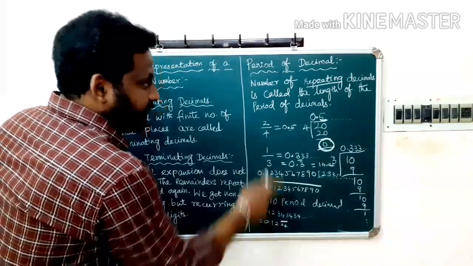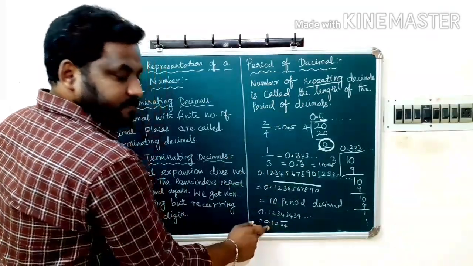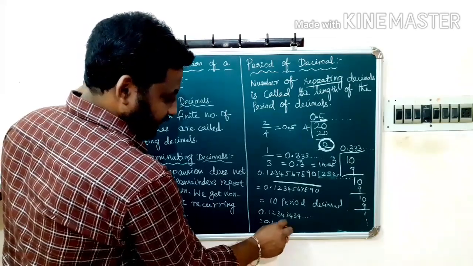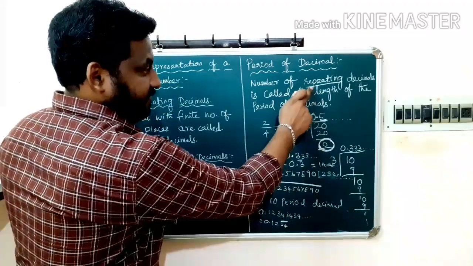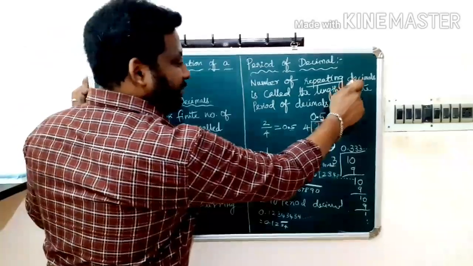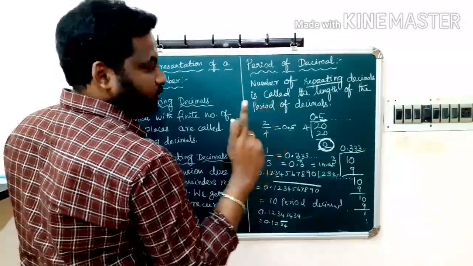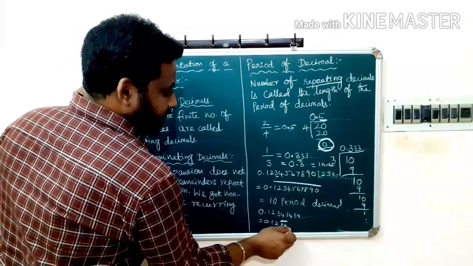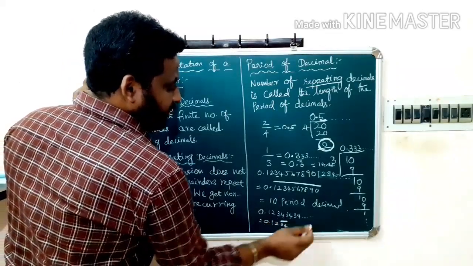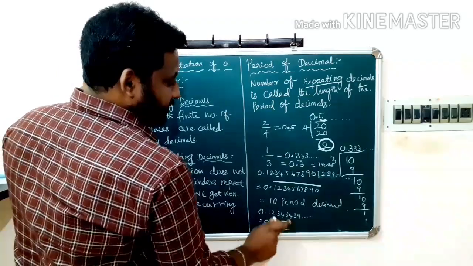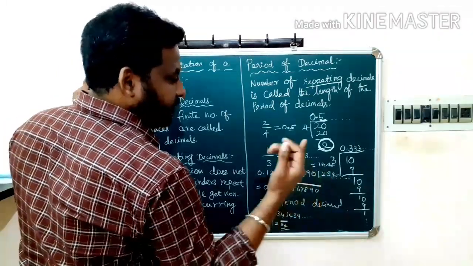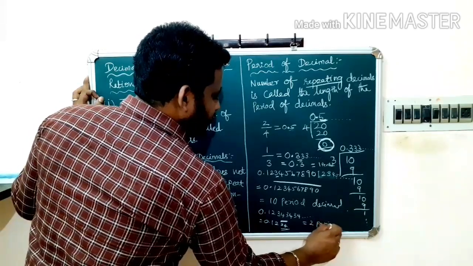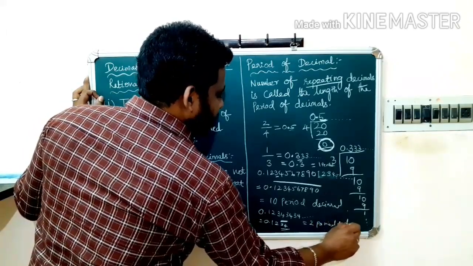So what is the period of decimal for this number 0.1234? Only 3, 4 is repeating. So look at the definition: the number of repeating decimals is called the length of the period of decimal. Here the repeating element is 3, 4, 3, 4, so only 2. So the period of decimal is 2.